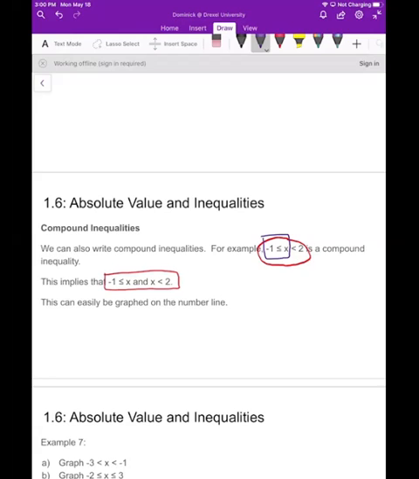And it also implies that x is less than 2, right? And that's that part. Well, if x is bigger than or equal to -1, but less than 2, 2, we have an open circle since there's no equal. -1, we have a closed circle since there is the equal sign. And if I want it to be bigger than -1 but less than 2, that means I'm shading in between.